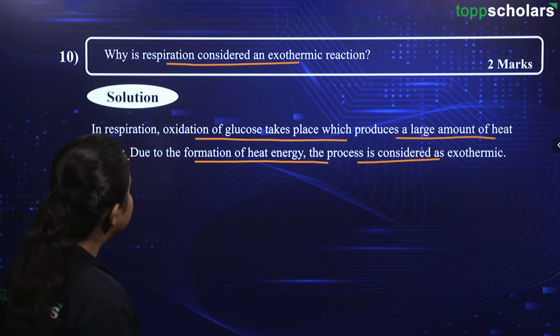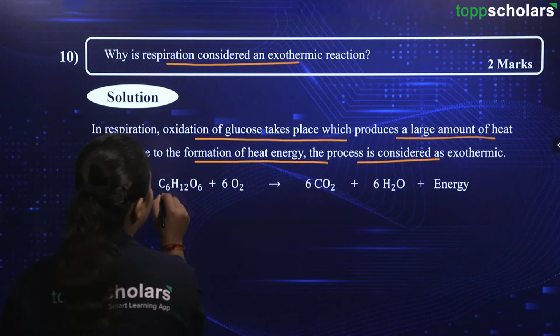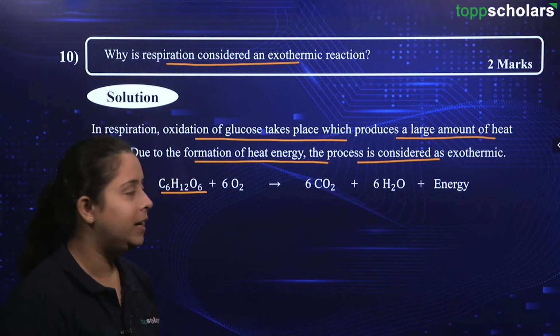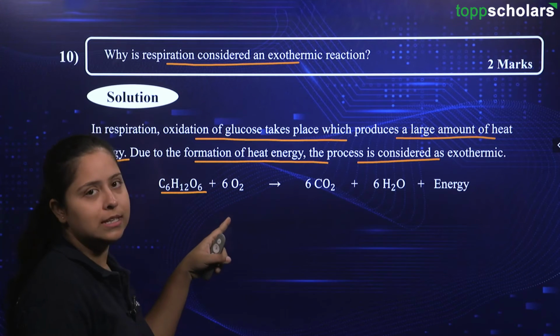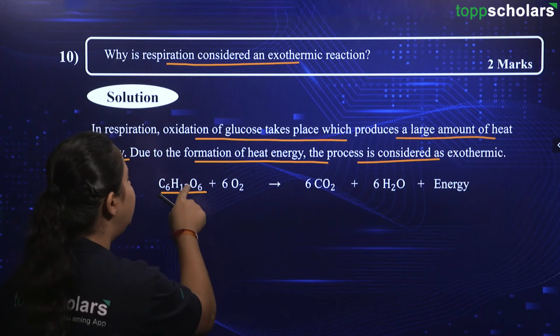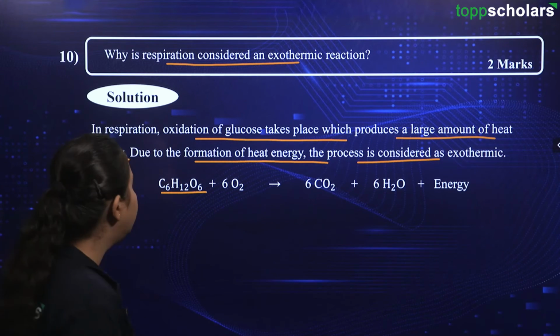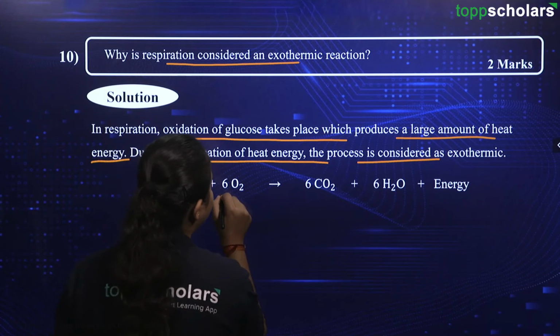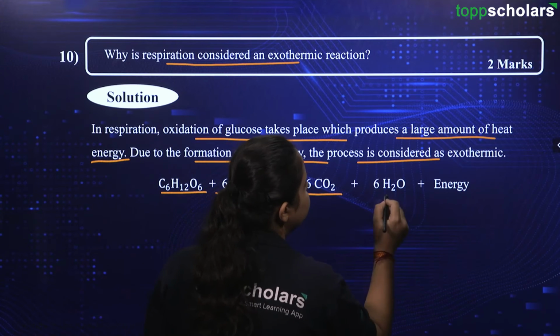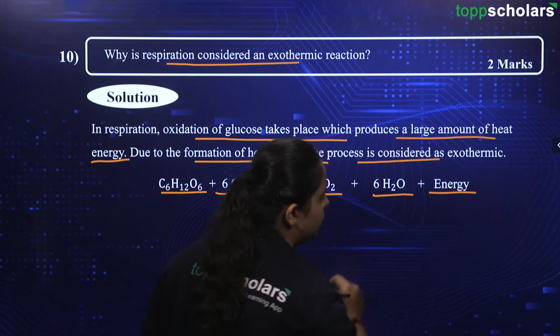Okay. Let us see the chemical equation. Here we have the glucose molecule. Remember, glucose molecule's chemical formula is C6H12O6. Basically, C and O are in 6 number and double it for hydrogen's atom number. Okay. So, glucose is being reacted with oxygen, and then we have carbon dioxide formation, water formation and energy formation.